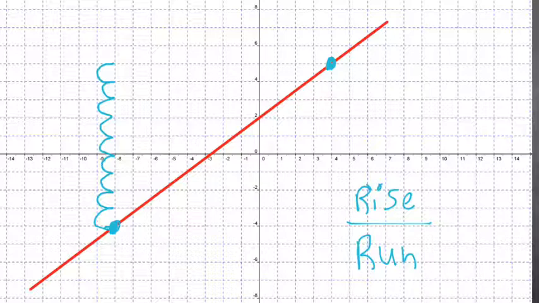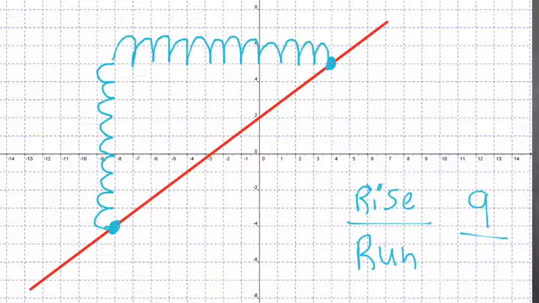But make sure you keep track of those steps. We went up 9 steps. Now tell me, how many steps are you going to take to run to the other point? From this location right here, let's go 1, 2, 3, 4, 5, 6, 7, 8, 9, 10, 11, 12. 12 steps.